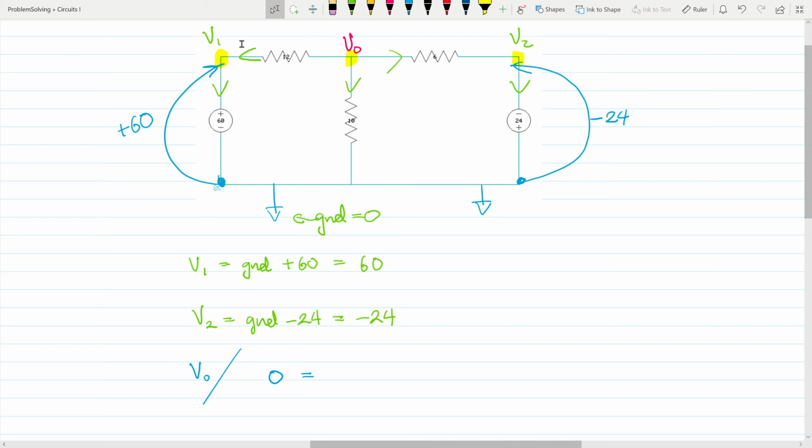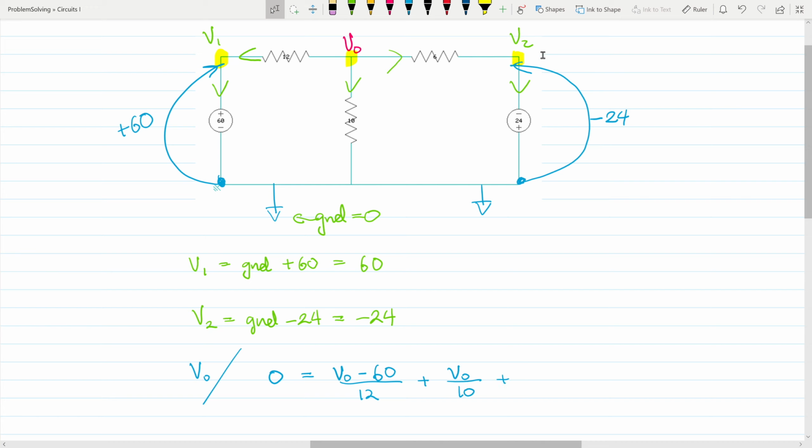Now we add up all the currents that leave. Let's start with the one through the 12 ohm resistor. That'll be V naught minus V1, which we found was 60, divided by 12. The next current is through the 10 ohm resistor, from V naught to ground. So V naught minus 0 over 10.